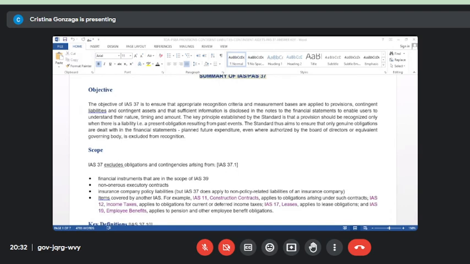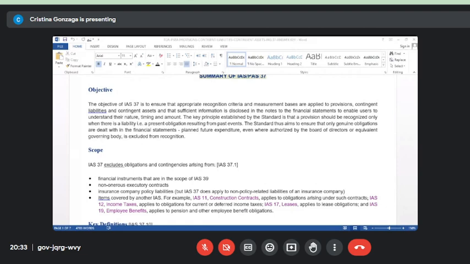What about a contingent asset? Pag sinabi natin contingent asset, it is a possible asset. Ang contingent liability is a possible obligation, whereas a contingent asset is a possible asset that arises from past event and whose existence will only be confirmed by the occurrence or non-occurrence of one or more uncertain future events which is not within the control of the reporting entity.